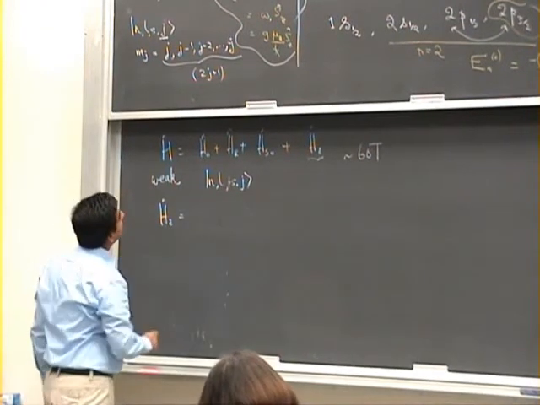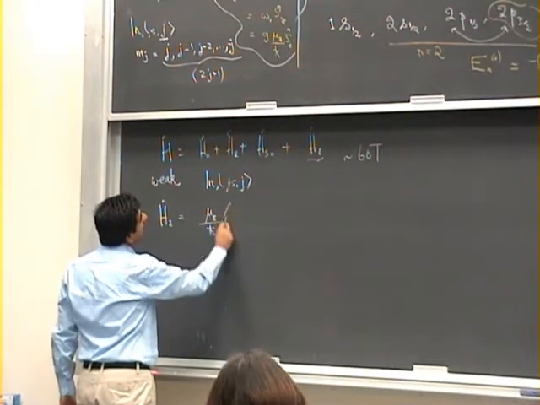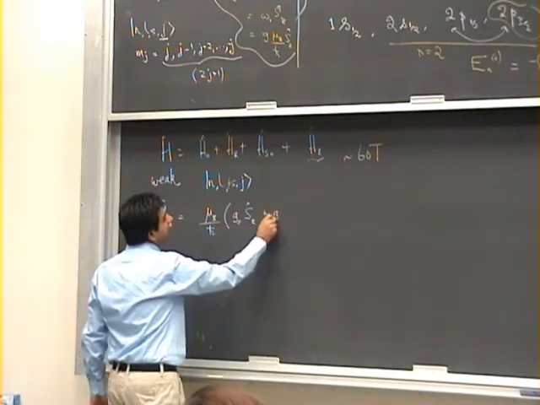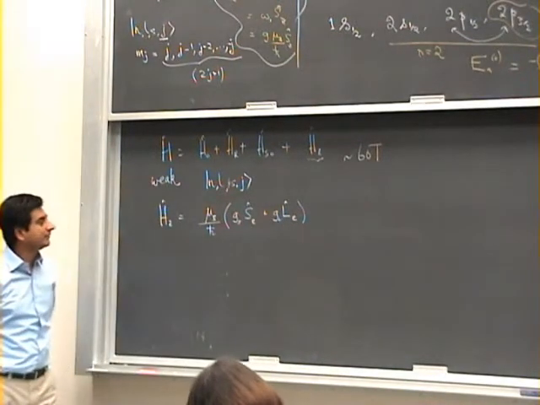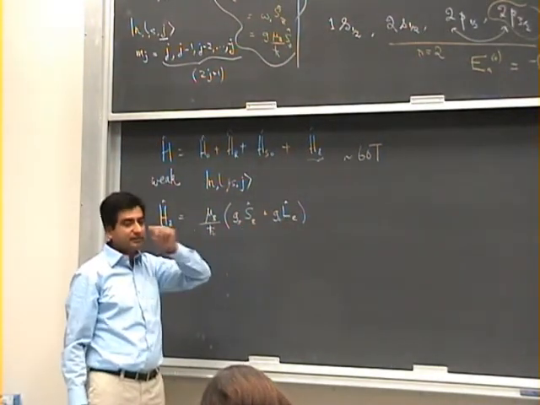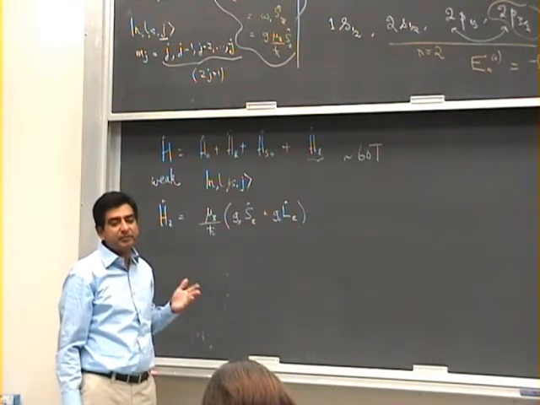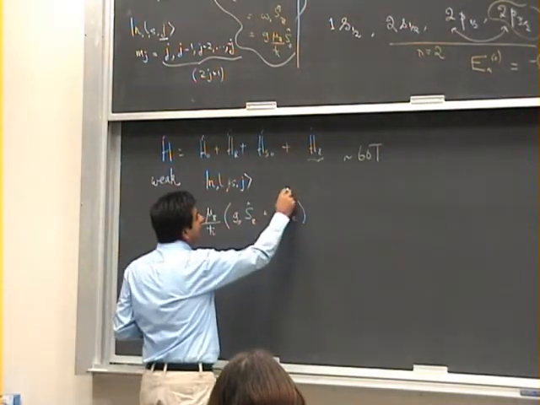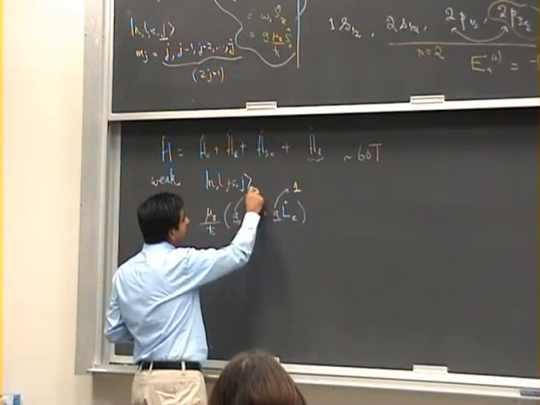The Zeeman Hamiltonian is going to be mu B over h bar times gs Sz plus gl Lz. Okay. So Sz is the spin angular momentum, Lz is the orbital angular momentum, in one of its projections, the field is applied along the z-axis. Now, gl is 1, the orbital Landé g factor, and gs is 2.